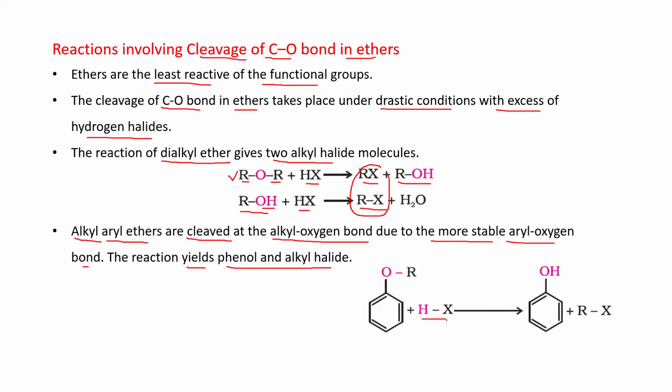When this reacts with HX, this bond is cleaved, and that's why this H will go to this and X will go to this. We always get the phenol. This will not cleave from this because there is a partial double bond character between this carbon and this oxygen.